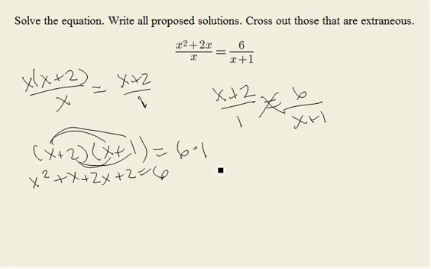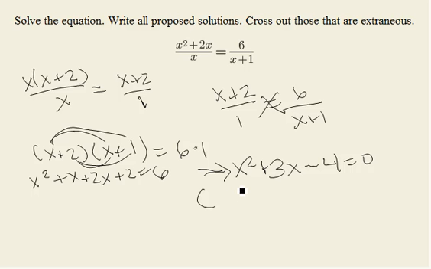So if we simplify this down a little more, you're going to get x squared plus, well, 2x plus x is going to equal 3x, plus 2, but we're going to subtract the 6 to get our 0 on the other side. So positive 2 plus a negative 6 is going to be a negative 4, so it'll be minus 4 equals 0. Now we are set to solve and factor this out.